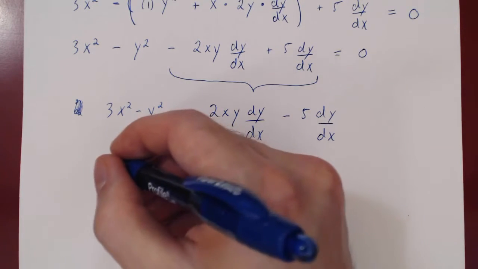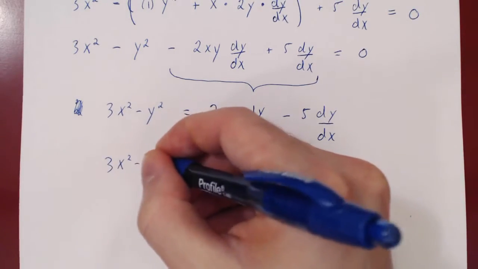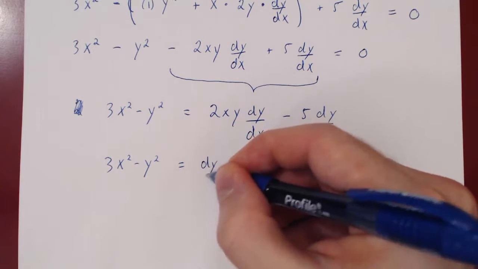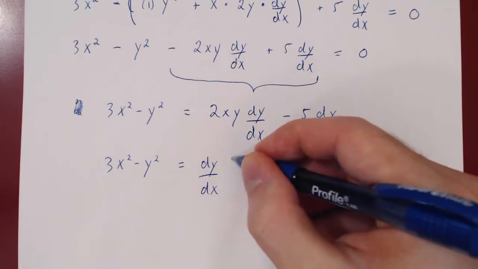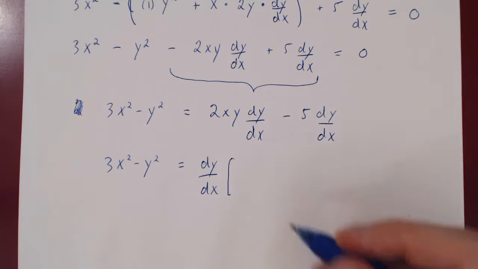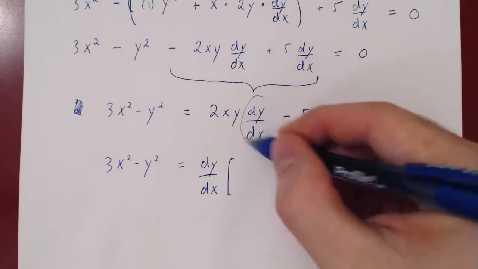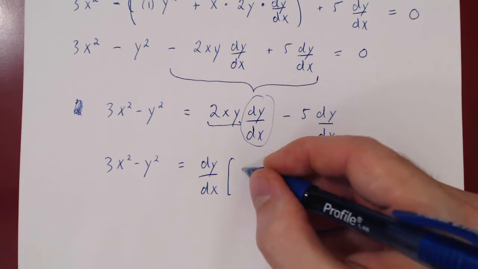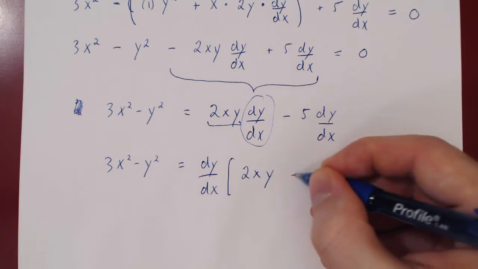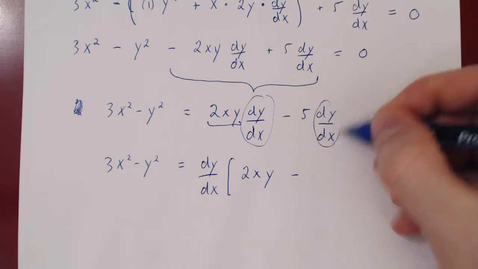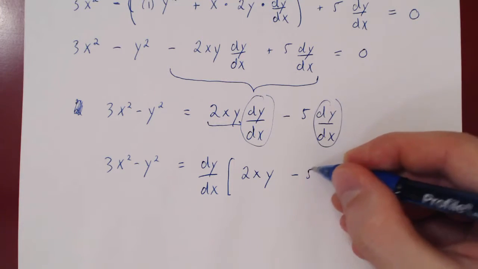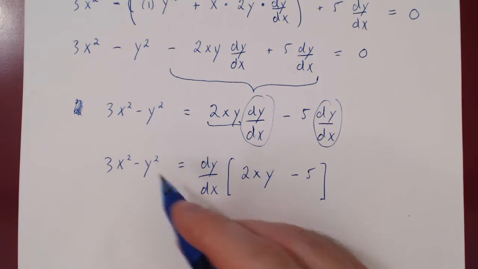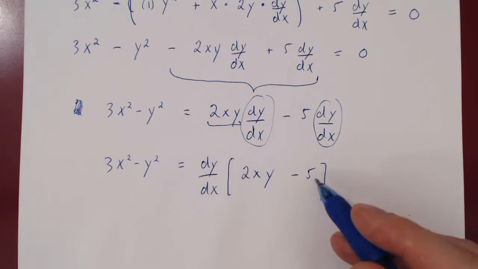We can now factor dy over dx from the right-hand side. So what we have is 3x squared minus y squared is equal to dy over dx, so we factor it, times, well, if you factor it from this term, you're left with 2xy, minus, if you factor it from this term now, you're left with negative 5. And now you have that 3x squared minus y squared is the derivative times this term.